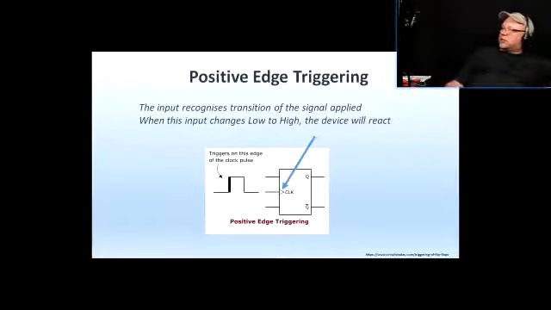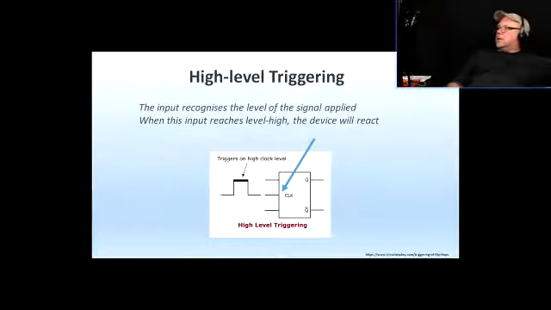When you see that little triangle without the bubble, that means it's positive edge triggered. Again, for level triggering, there's no triangle here, so there's no edge, that means just a level. And there's no bubble here, which means it's a high level trigger. As long as the control input stays high, then the device is alive and well.